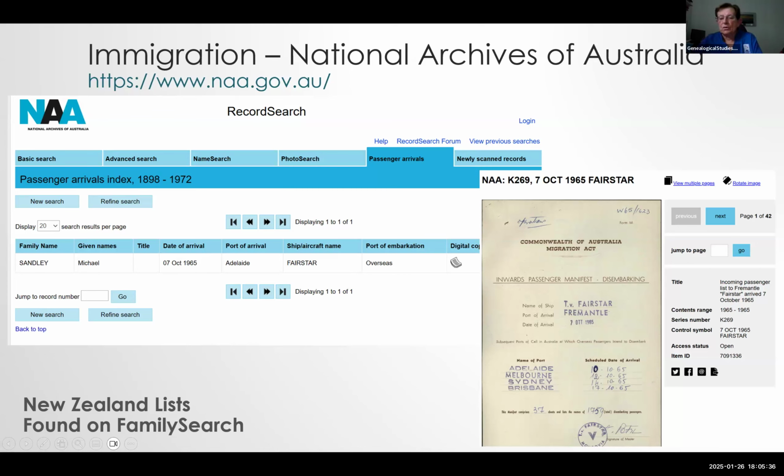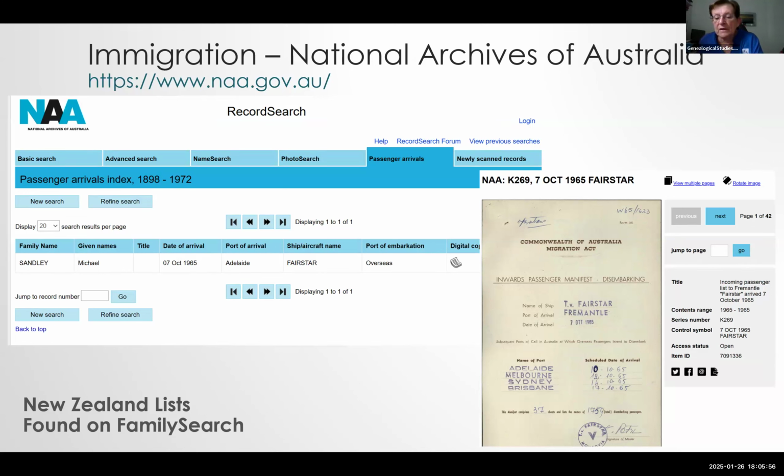There are 42 pages on that passenger list, and it goes through each place of docking, each place of arrival. The first few pages would be for Fremantle, which, as you can see, was the first port of arrival.